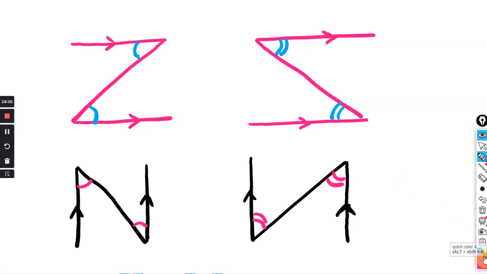So these are examples of alternate interior angles.